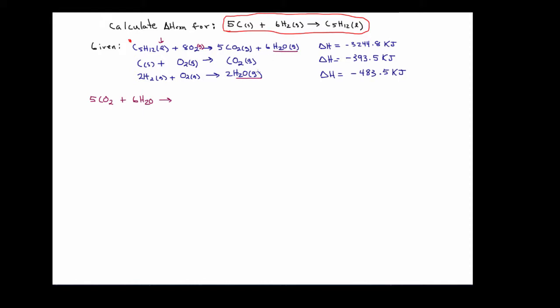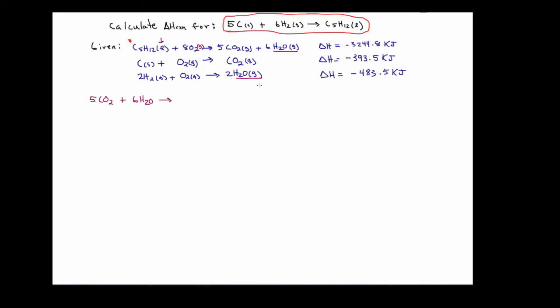The reason you need to pay attention to that is because if there is a switch in phase, that's going to alter the delta H value somewhere in this process, because a phase change requires either the introduction of heat or the removal of heat energy.